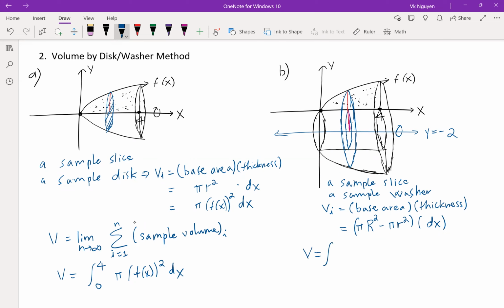So integrate from 0 to 4 of the base area times thickness of a sample washer, or volume of a sample washer. So pi R squared minus pi r squared dx. And because we use the washer, they just call it the volume by washer method.